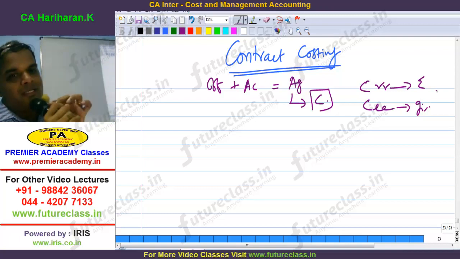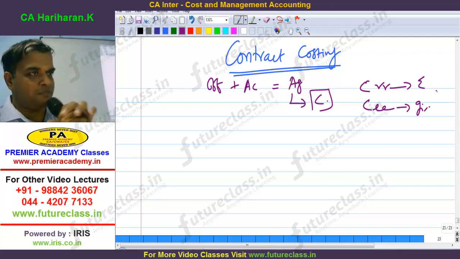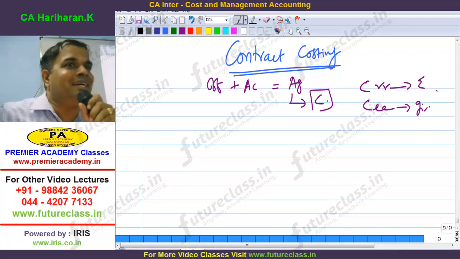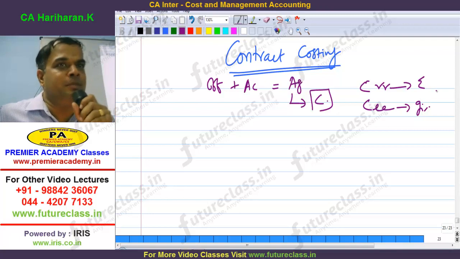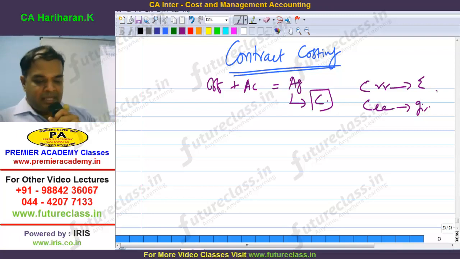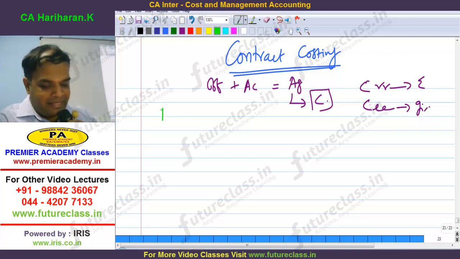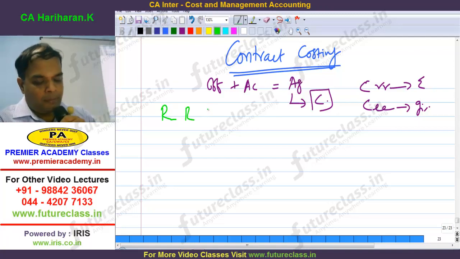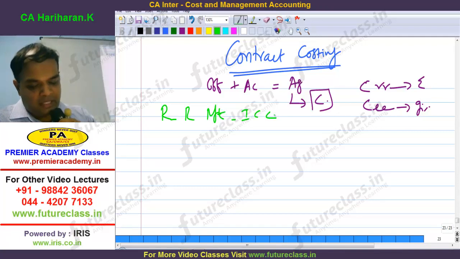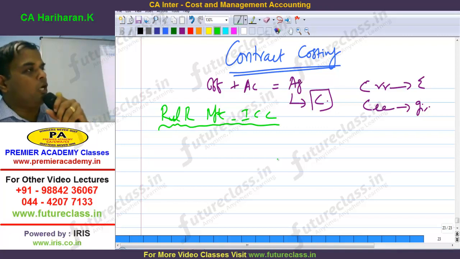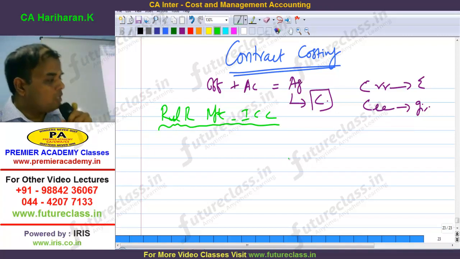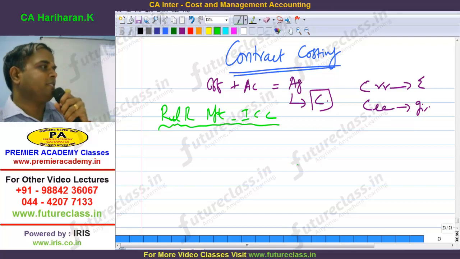Now, whenever you come across contract costing, the speciality of contract costing is how to recognize the revenue. The revenue recognition part is a vital one. For that, we have rules for recognition of profit on incompleted contracts.